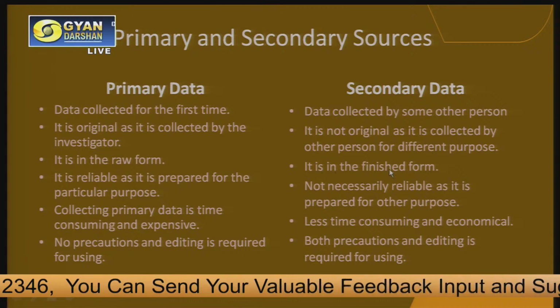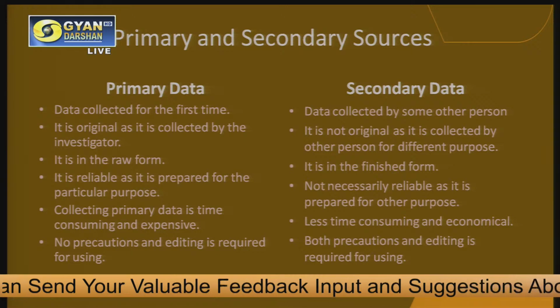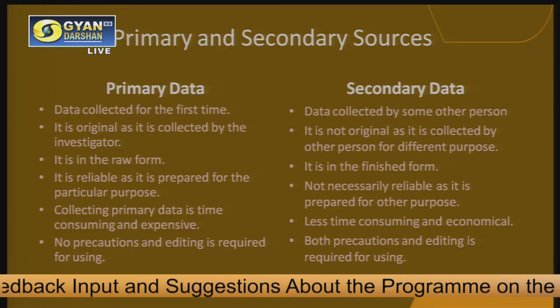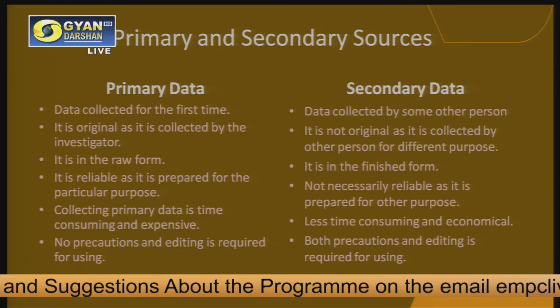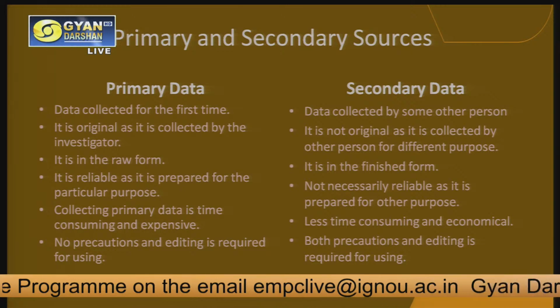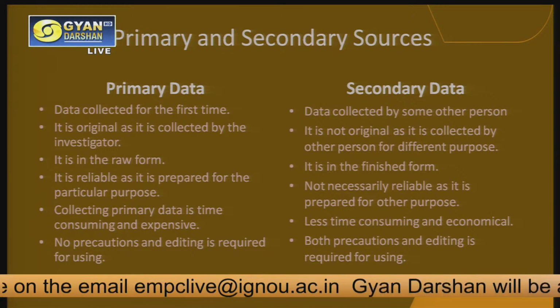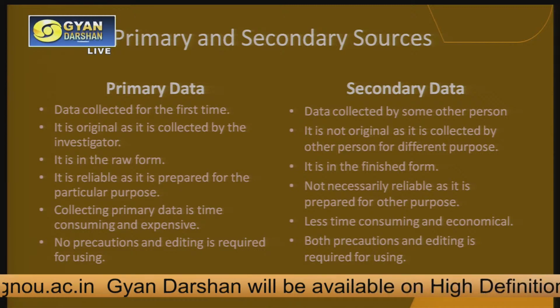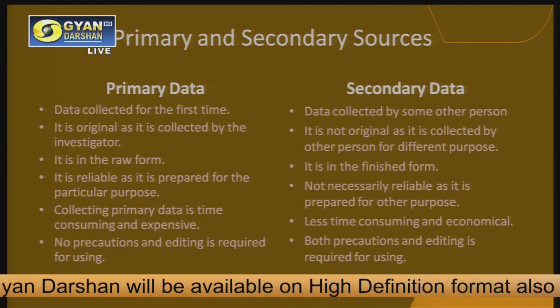Why is it in raw form in primary data? Let us say you are using a questionnaire or a type of test. You are getting certain scores, it may be 50, 60, 70, so far as achievement is concerned. These scores, 50, 60, 70, are just raw scores.